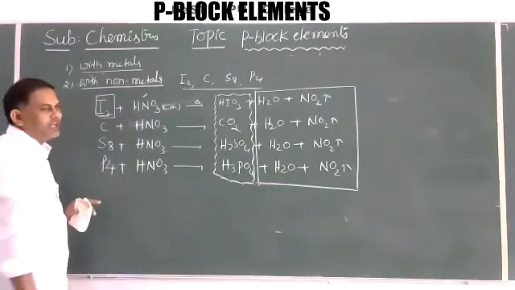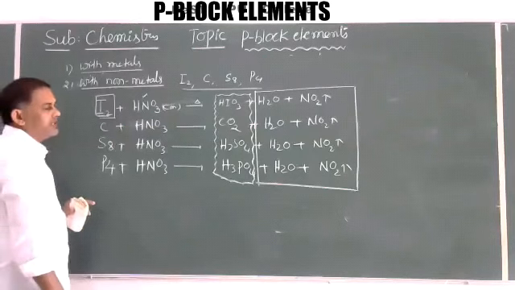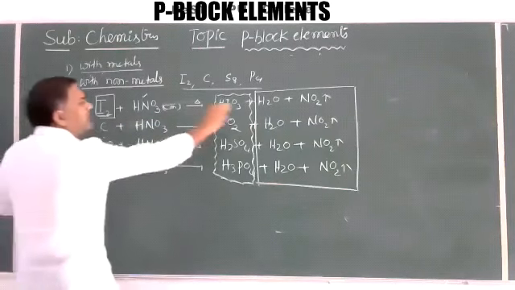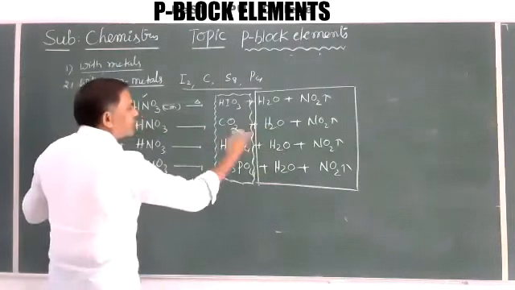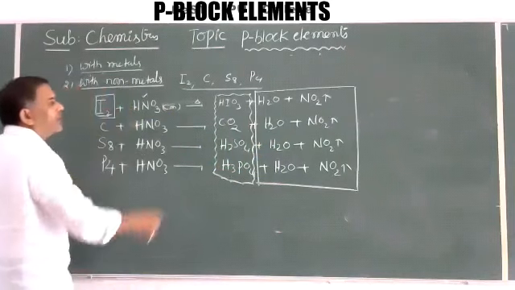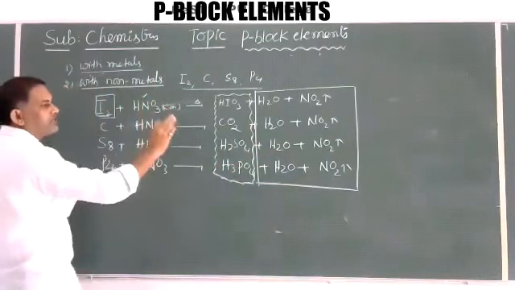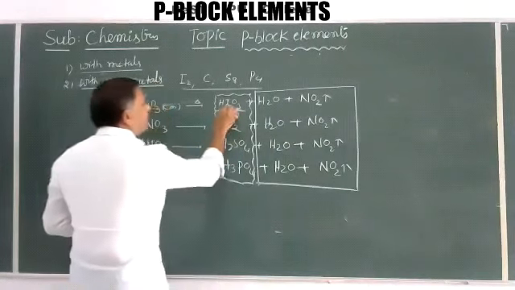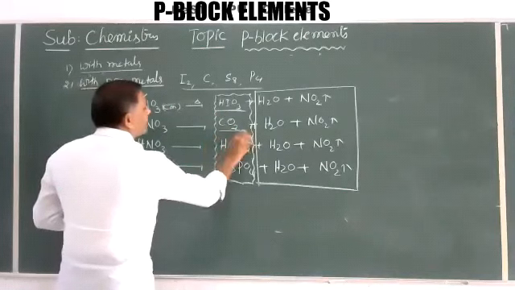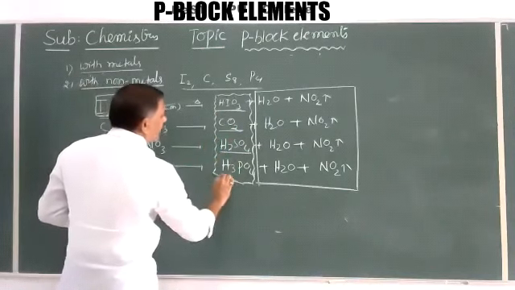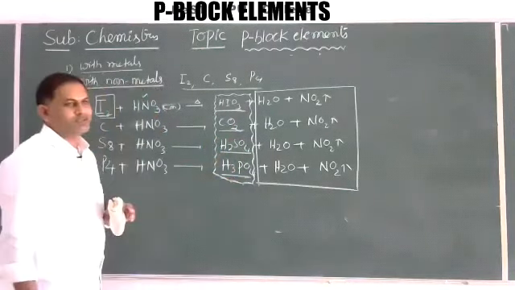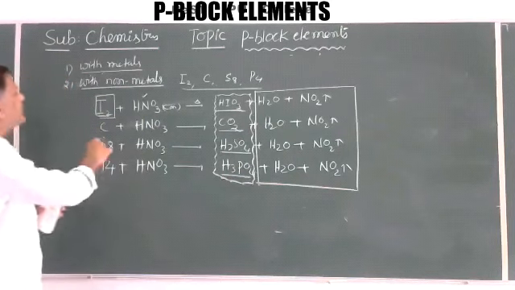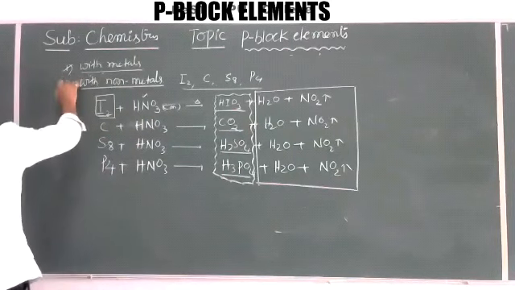Iodic acid, HIO3. Balancing is based on first year redox reaction balancing, we can easily find out. But in public examination, they'll ask, instead of balancing, what are the main products obtained? Here with iodine, iodic acid; carbon dioxide; sulfuric acid; and phosphoric acid. These are some important properties with metals and non-metals.